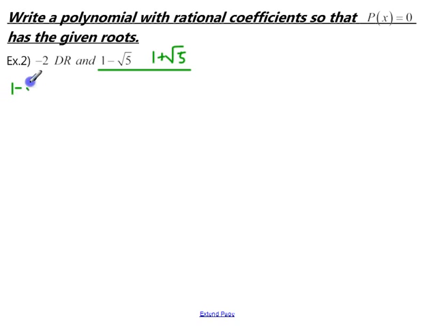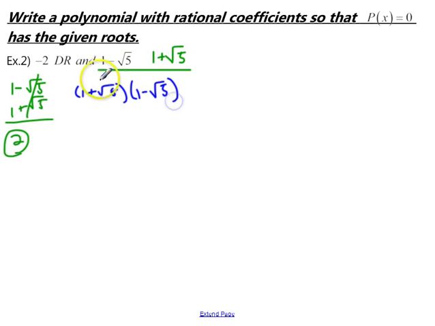So we have 1 minus square root of 5, and then 1 plus square root of 5. When we add them, we get 2, because the radicals cancel. And then we want to multiply these: 1 plus square root of 5 times 1 minus square root of 5. So multiply the first, the outer, the inner, and the last.